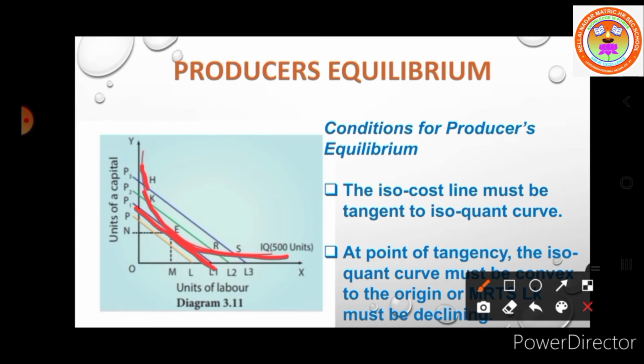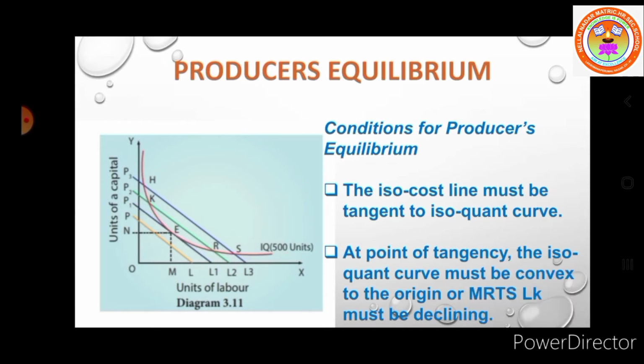The MRTS, marginal rate of technical substitution, of labor and capital must be declining. These are the two conditions to be fulfilled to attain the producer's equilibrium.